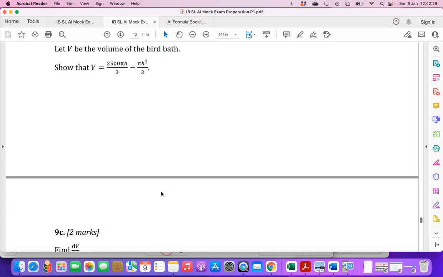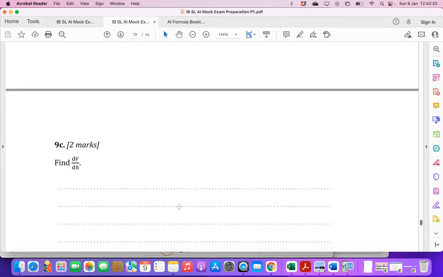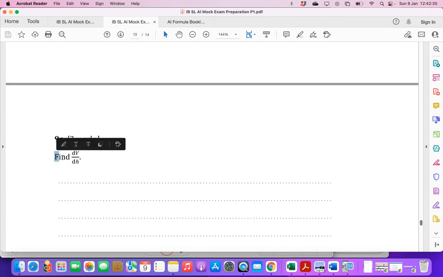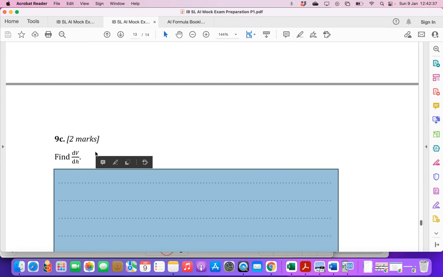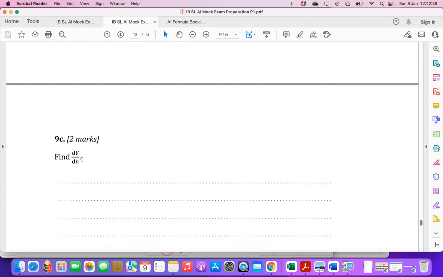Okay, so for 9c, they want us to find the derivative in terms of h. That's why we had to rewrite that equation in terms of one variable only, because we don't know how to find the derivative of more than one variable. So I'm just going to apply the power rule.